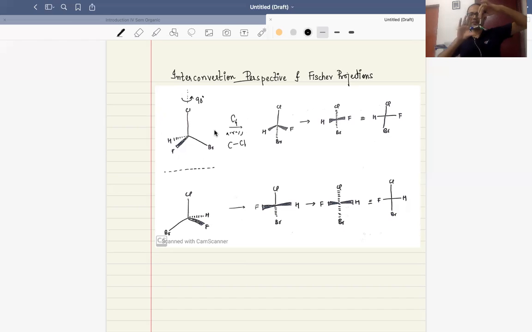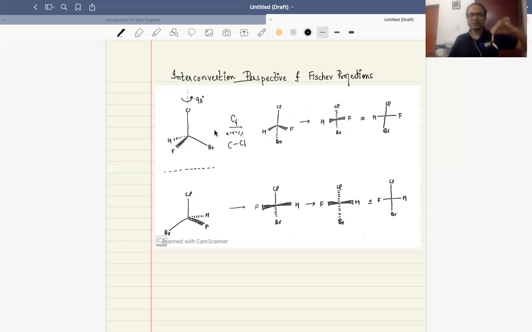This Br will go behind, your Cl is coming this side, and your H, which was on the back side, has come to the front side. So both your fluorine and your hydrogen have now come on the front side, while your Br, which you rotated by an angle of 90 degrees, has now gone on the back side.